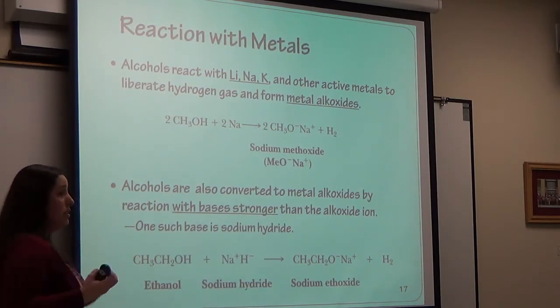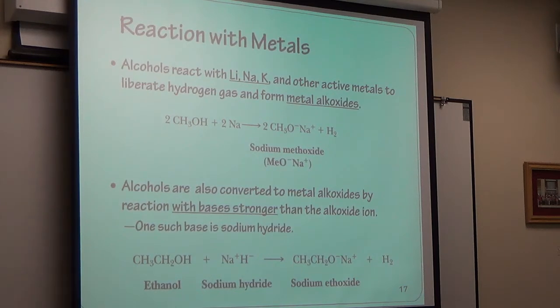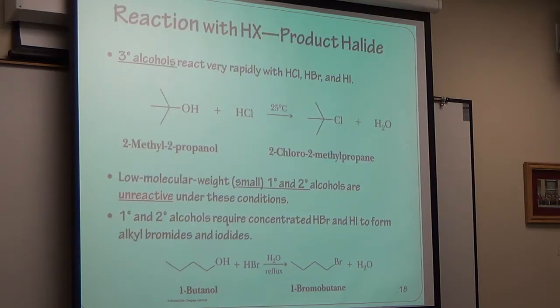Does that make sense? We've seen these reactions over and over again. They're just acid-base reactions. It's not brand new. It's just figuring out how the alcohol is fitting in. It's fitting in here as the acid. Does that make sense? So these are the metal reactions.